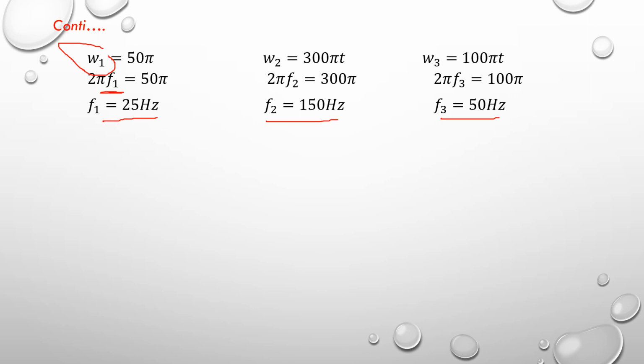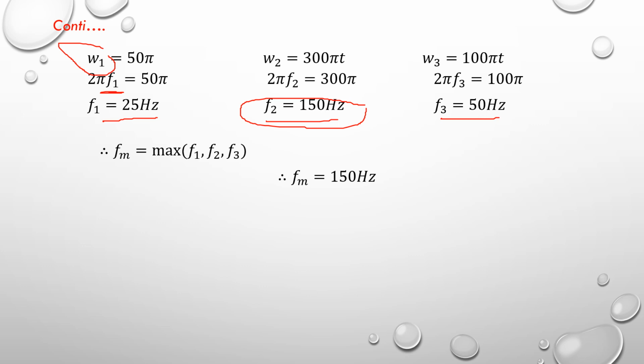Using these frequencies, we have to find the Nyquist rate and Nyquist time interval. We know that f maximum is equal to the maximum of the available frequencies. Here the frequencies are f1, f2 and f3. Out of the three, the maximum frequency is 150 hertz, since f1 is 25 hertz and f3 is 50 hertz.